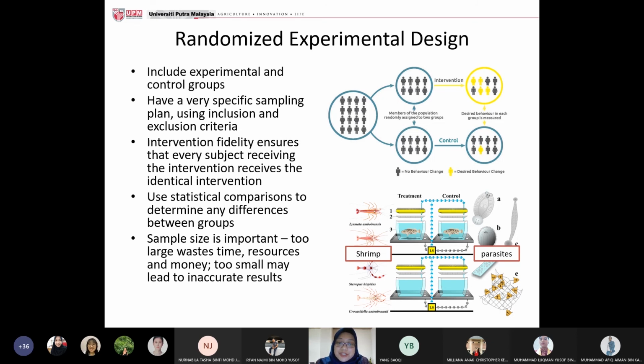So, for example, the first one is for people, the second one is what if you're trying to test something on animals, for example. In this case, it's fish. You want to look at how the shrimp affects the parasites in fishes.